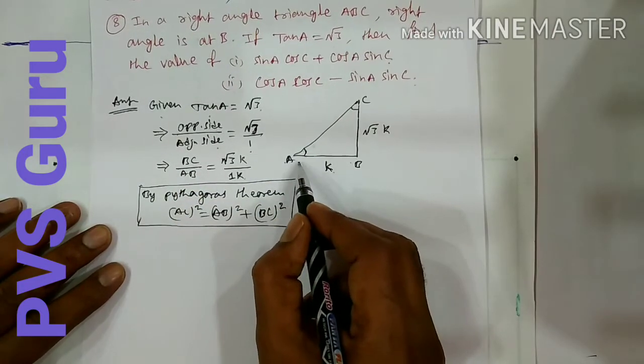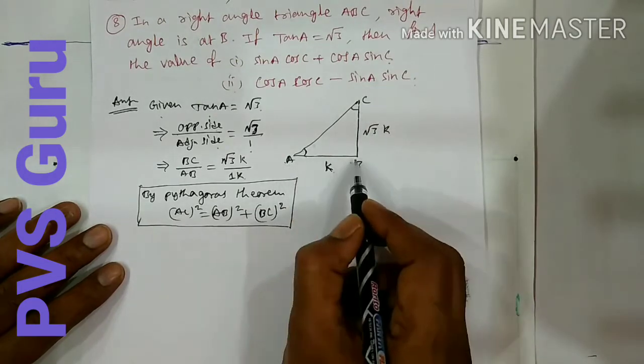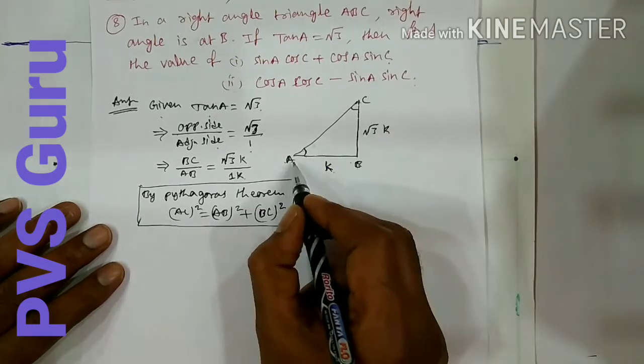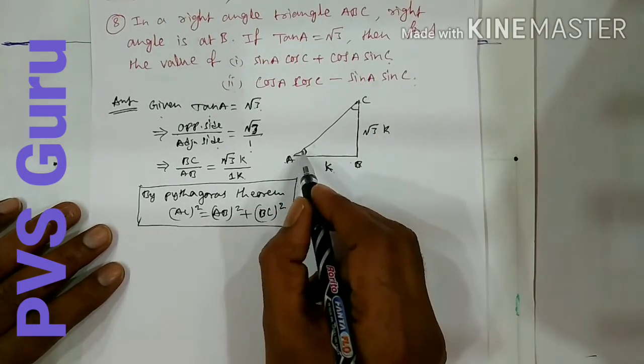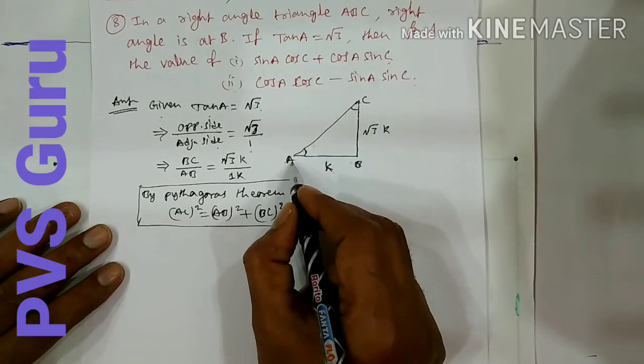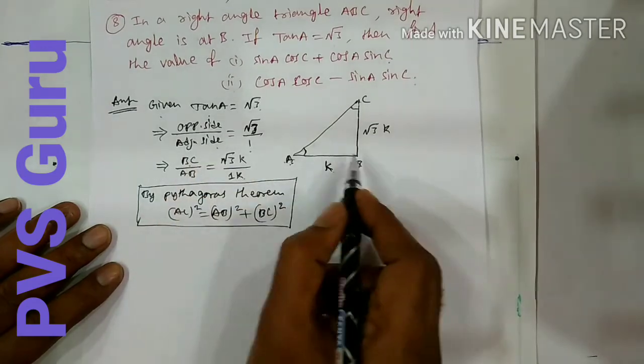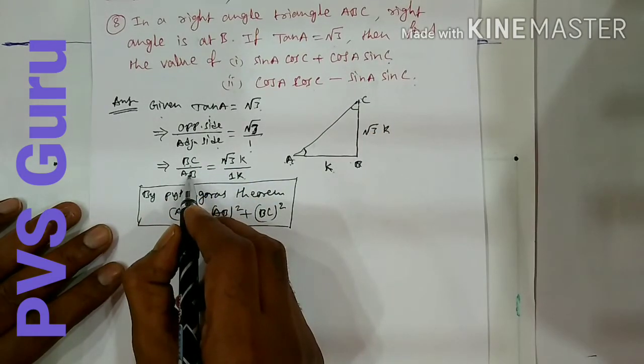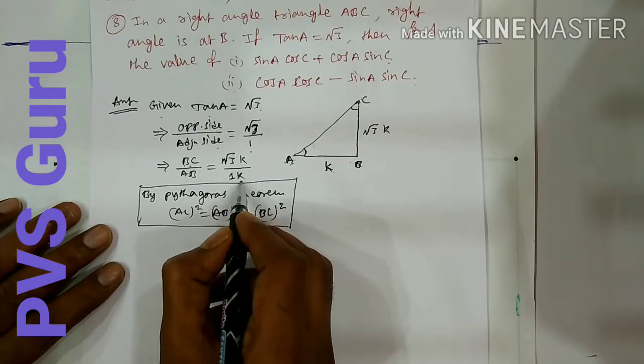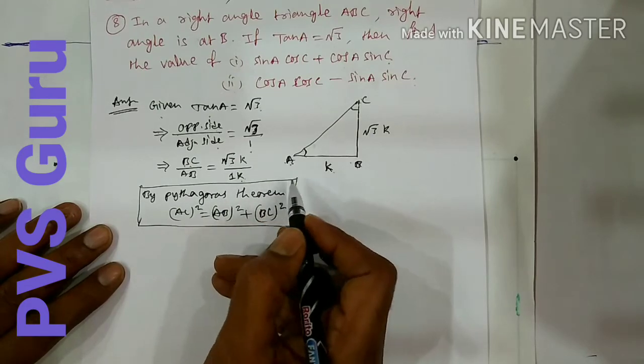In triangle ABC, BC is the opposite side, AB is the adjacent side, and AC is the hypotenuse with respect to A. So BC by AB is root 3k by 1k, where k is any number.